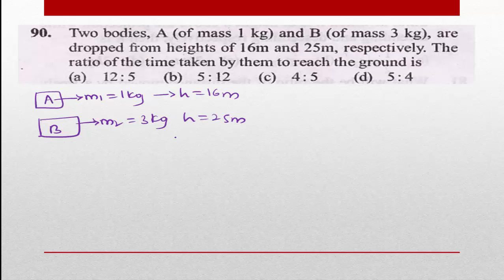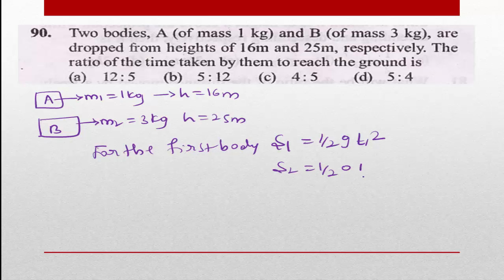The ratio of time taken by them to reach the ground is, for the first body, S1 is equal to 1 by 2 g into t1 square and S2 is equal to 1 by 2 g into t2 square. Substitute the values.